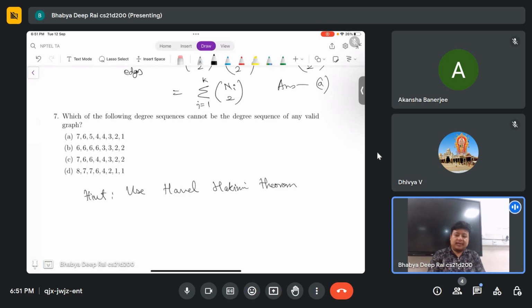So can you try once? These are what are called degree sequences. These are degrees of vertices in decreasing order. The advantage of doing this is, you can check whether such a graph even exists with a particular degree sequence.